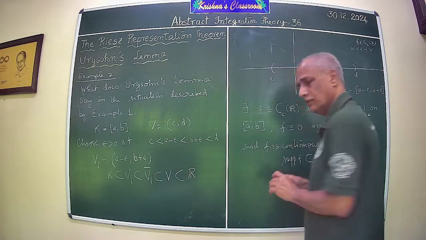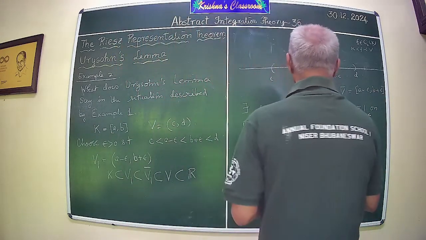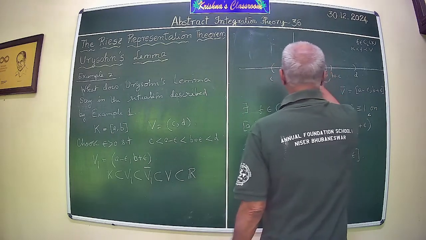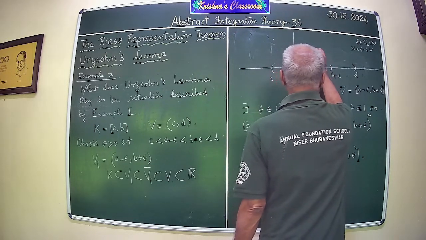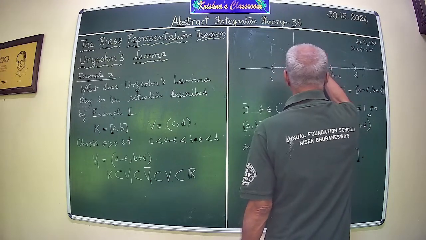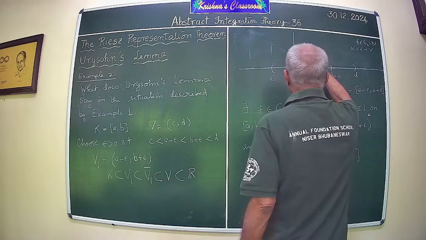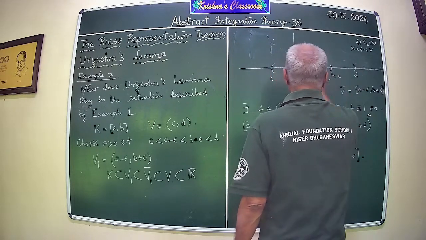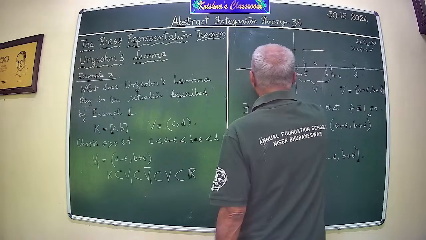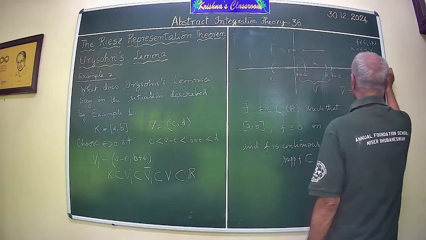The function looks like the following. See, this is 1. The graph of the function is 1 here, and it may slightly exceed, but not beyond this, because on this part the function has to be identically 0.